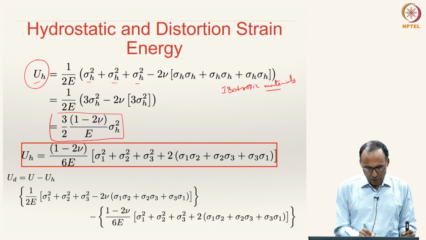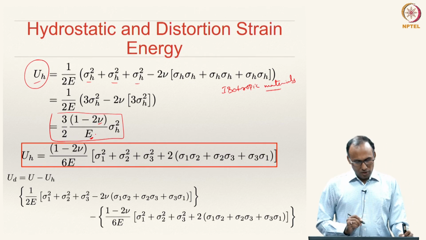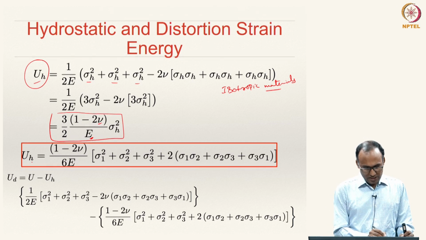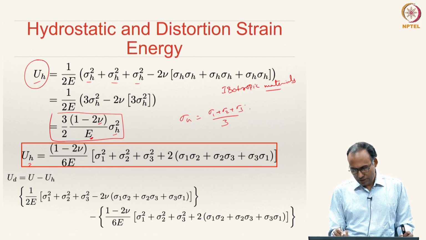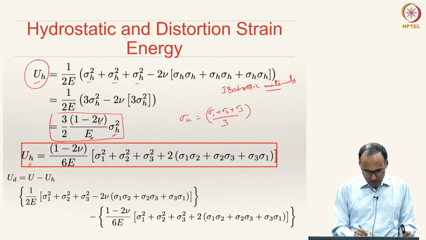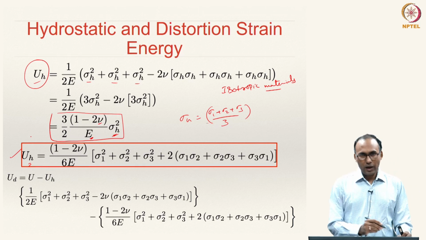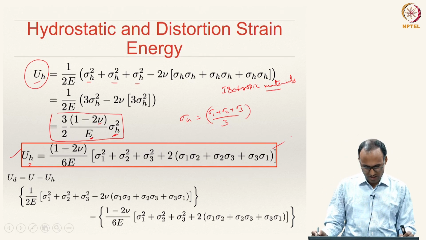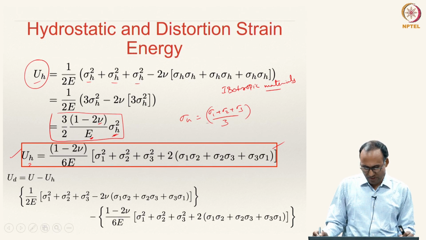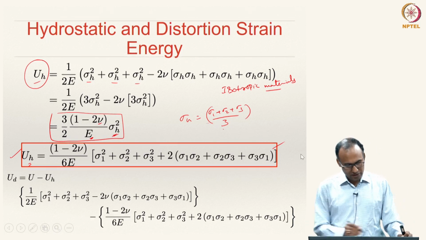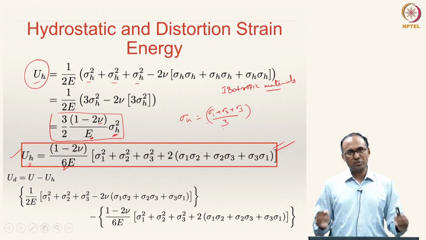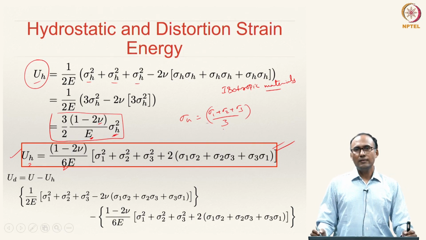That is why there are only two elastic constants, nu and E. So, your hydrostatic stress can be written as sigma h square, and sigma h is again sigma 1 plus sigma 2 plus sigma 3 by 3, and plugging that in here will give you your hydrostatic energy in terms of your principal stresses: sigma 1 square plus sigma 2 square plus sigma 3 square plus 2 times sigma 1 sigma 2 plus sigma 2 sigma 3 plus sigma 3 sigma 1, and there will be 9 here, and this 9 cancels 3 times, and 3 to 6 will be there. So, that is the expression for your hydrostatic part of the energy.